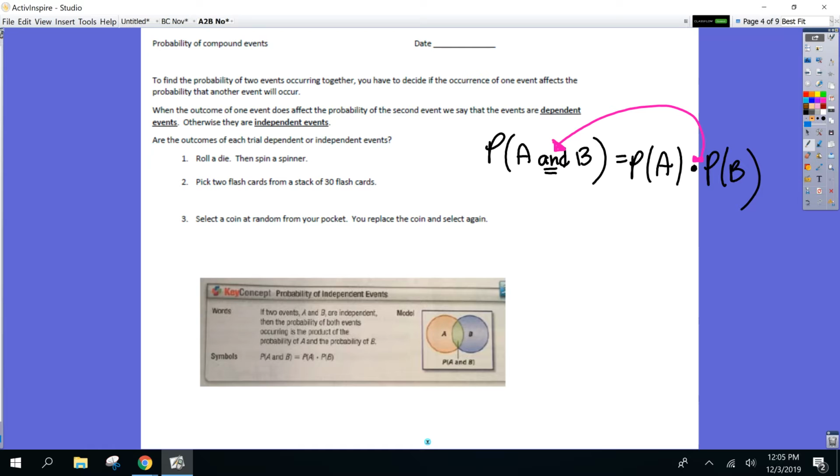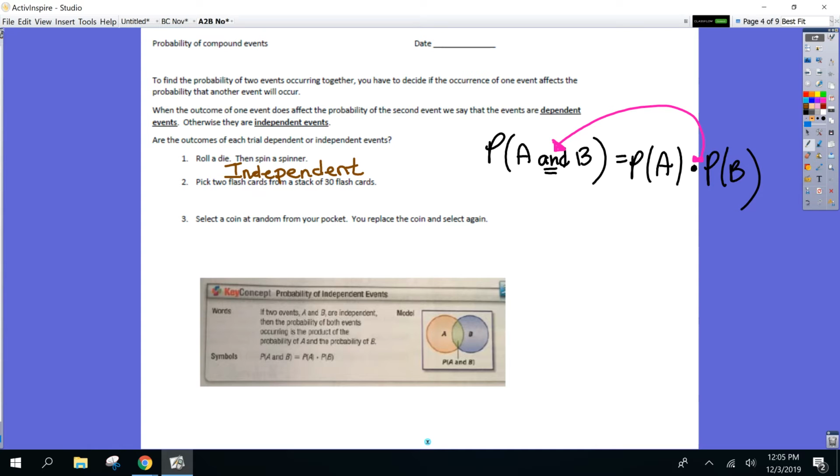Absolutely not. So we say they are independent of each other. The first event has no effect over the other. Me rolling a die has no effect on what I get on the spinner.